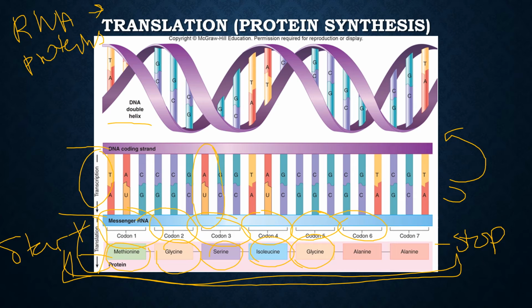To make a polypeptide, it ranges anywhere from 3 amino acids to 4,500 amino acids. And the codons only code for those 20 different amino acids that we find within the body.